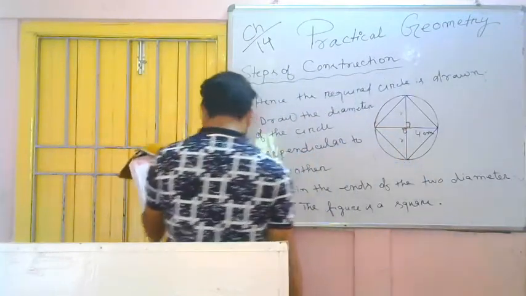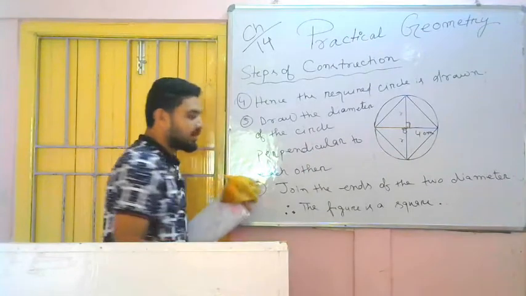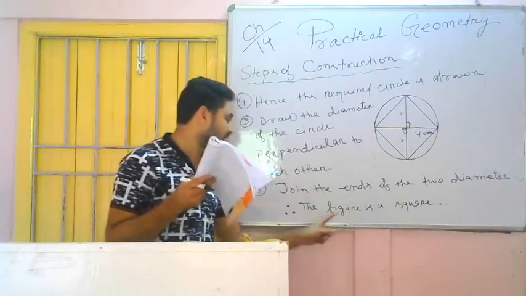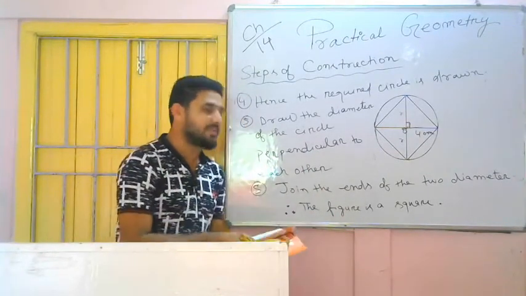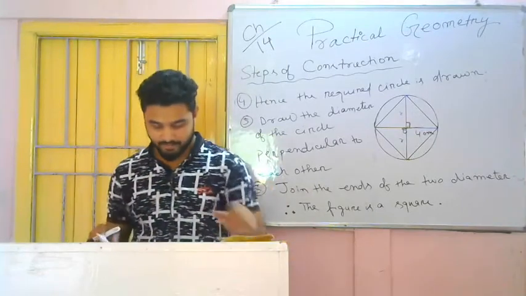Okay, in both cases, the answer will be square. So write the conclusion. The figure is a square or the shape is a square. Anything you can write.